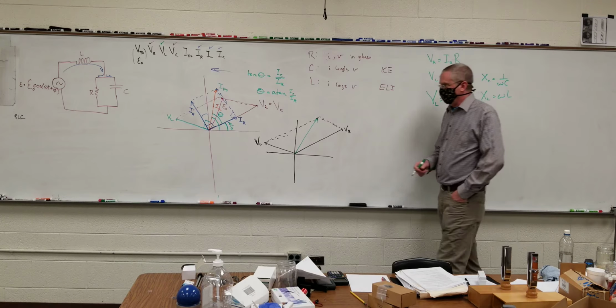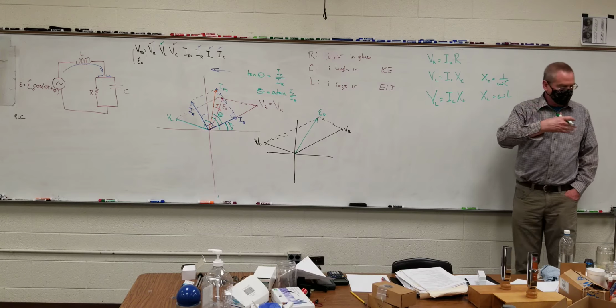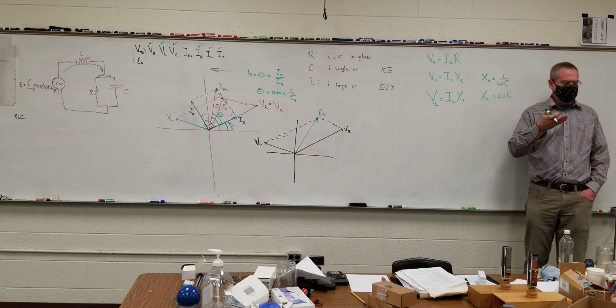There's my epsilon sub naught. It's the sum of those two. Now in the master set, you've already figured out what epsilon naught is. I think that's problem 1A.